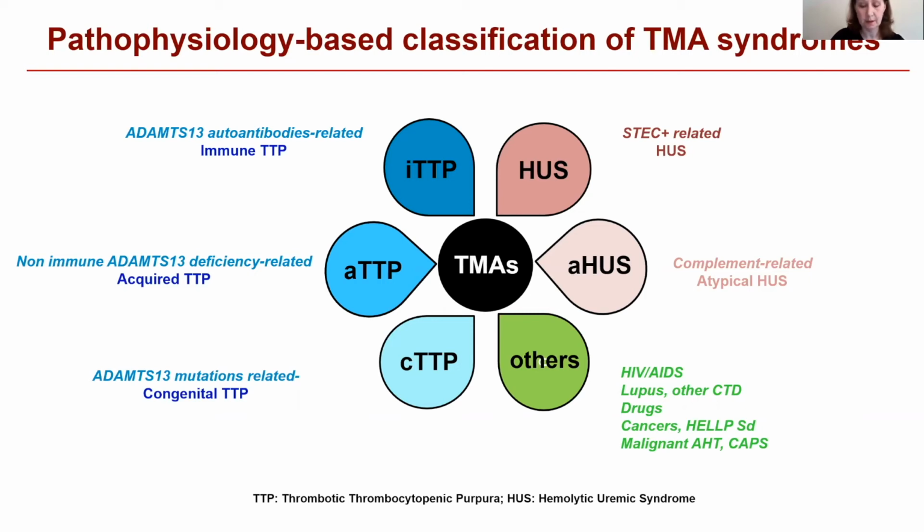However, other TMAs related neither to ADAMTS13 nor to the complement system do exist, and they are mostly associated with HIV, connectivities, drugs, cancers, the HELLP syndrome, malignant hypertension, or the catastrophic antiphospholipid syndrome.